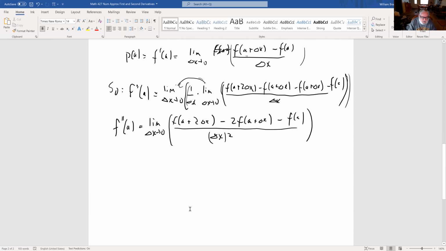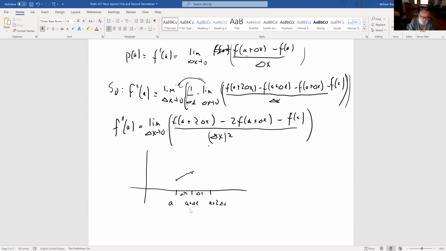Now, if we're thinking about what's going on here, we've got a function and 3 points, a, a plus delta x, and a plus 2 delta x. And we've got 3 points like that. And this width is delta x, this width is delta x.